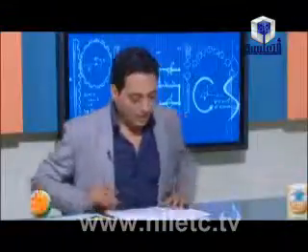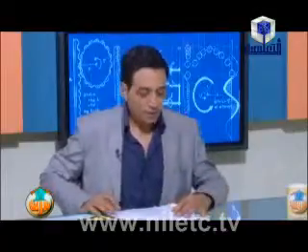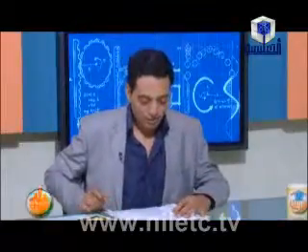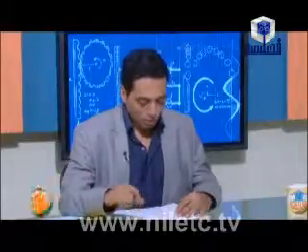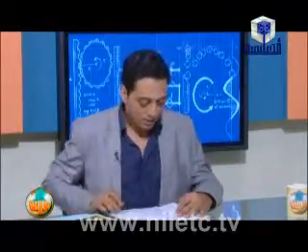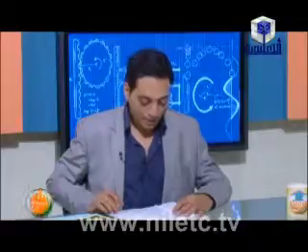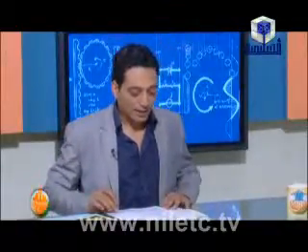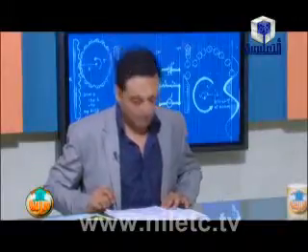This one says, a string of 1 meter length emits a tone of frequency 200 hertz given by the relation 200 equals 2 root ft over m. Calculate, number one, the velocity of propagation of the wave in the string, the wavelength, and the frequency of the second overtone. Very good.